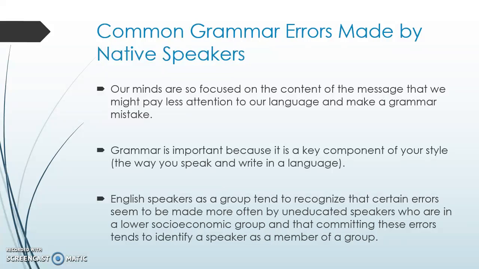English speakers as a group tend to recognize that certain errors seem to be made more often by uneducated speakers who are in a lower socio-economic group, and that committing these errors tends to identify a speaker as a member of a group. The same thing, I guess we might all agree, happens in our language, right? There are mistakes you don't expect educated people to make, and yet still sometimes you listen to them.